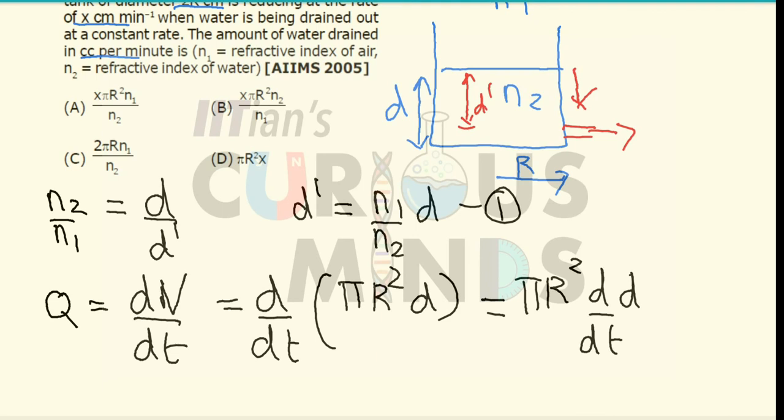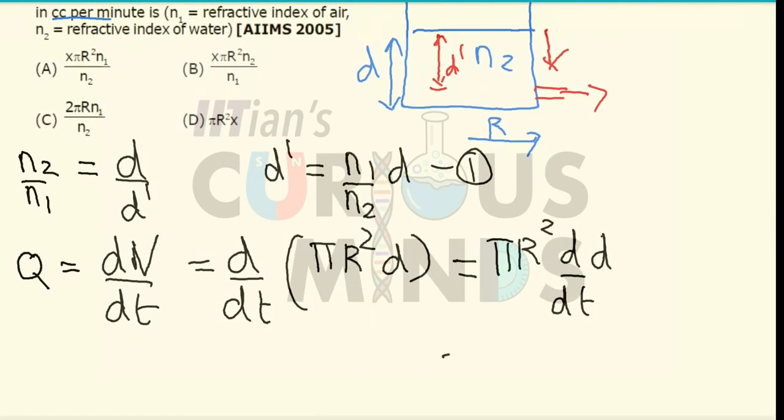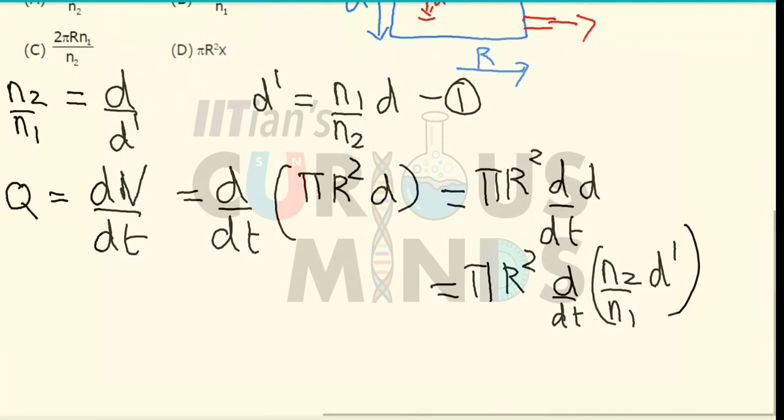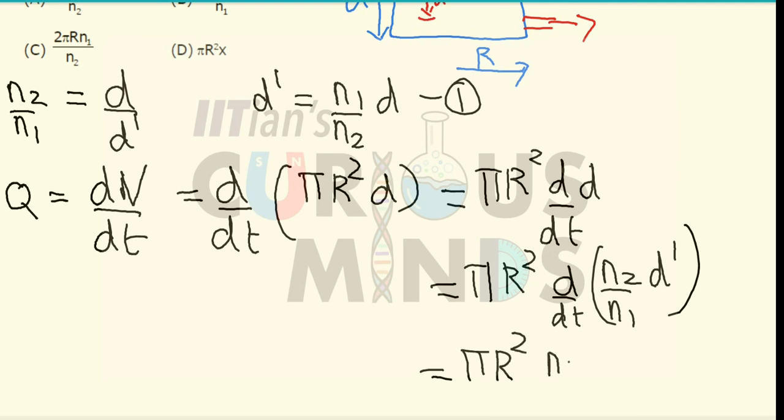Now dd can be written as n2 divided by n1 into d dash. Now when I differentiate this term, n2 divided by n1 into d dash by dt, I have to differentiate with respect to time.